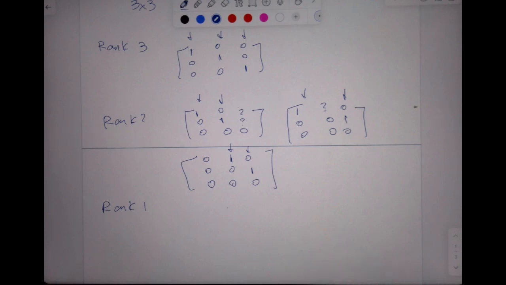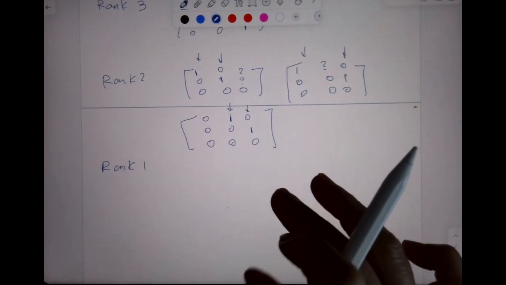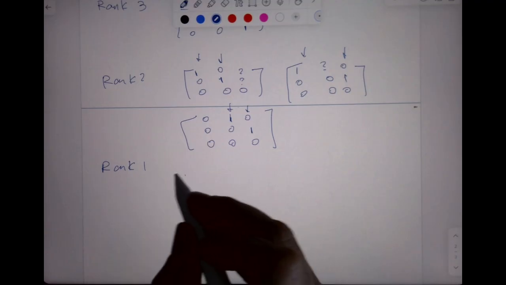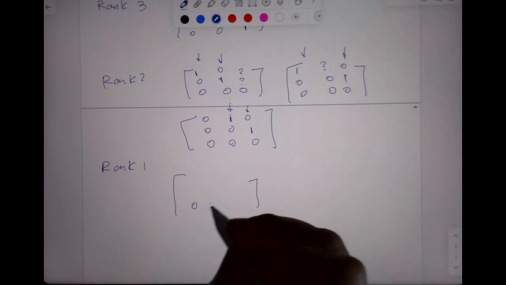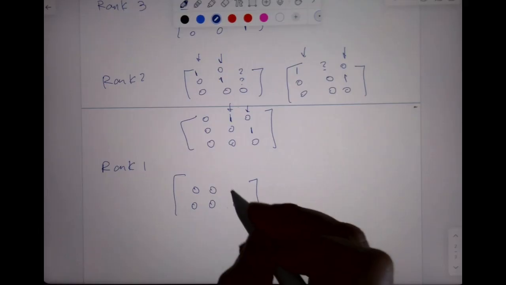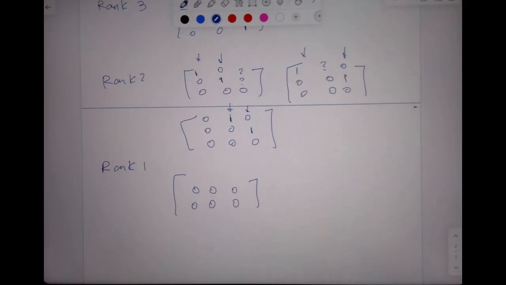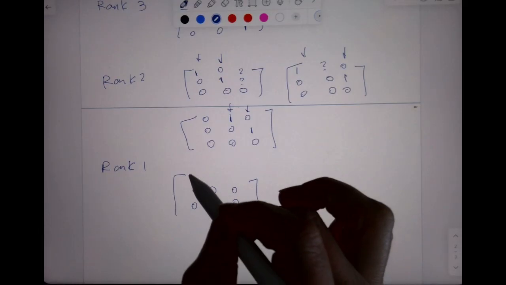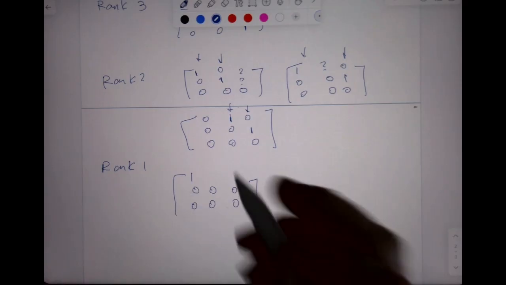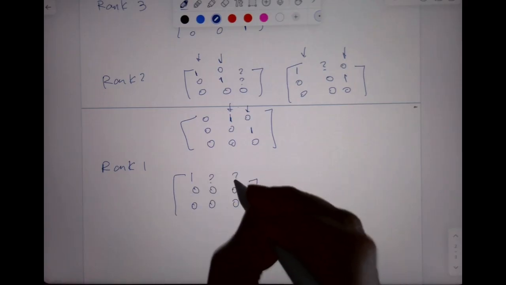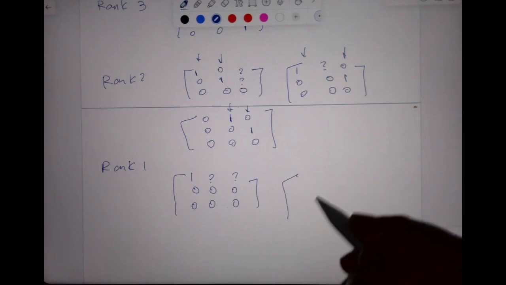And so what are the options left? Rank 1, so I have to have 0, 0, 0, 0, 0, 0 in two rows. So multiple ways can happen. One can appear here, and then I don't know what's going on in here. I have no idea.